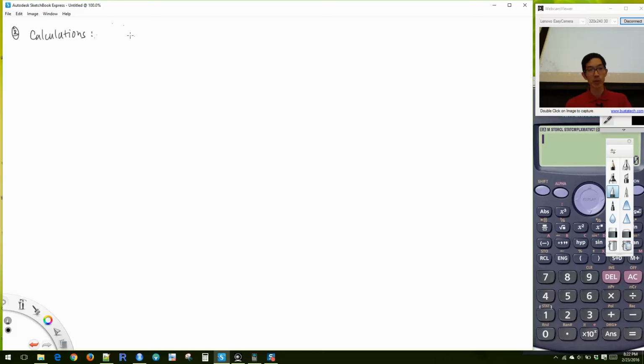What we're going for is we want to find our p-value. This is the probability of observing our data if the null hypothesis is true.